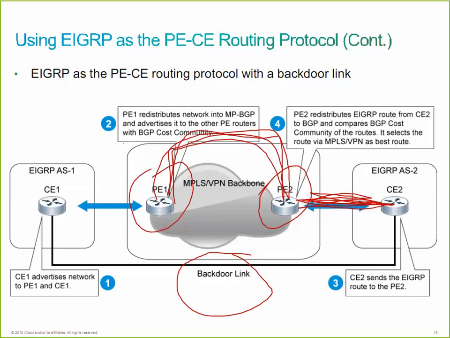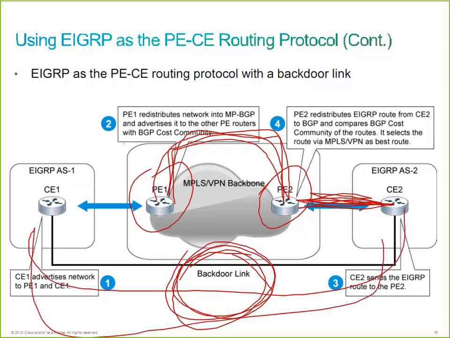All right? Now, because we're adding the cost of traversing the backdoor link in the BGP cost community attribute, the BGP cost community of the iBGP path is lower.